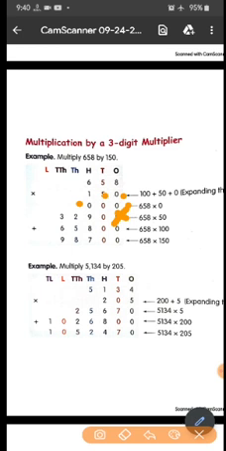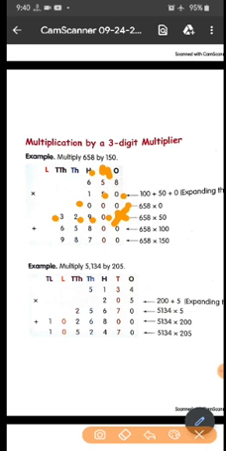Now 5 8s are 40, 0 and 4 carry, 5 5s are 25, 4 more is 29. So 9 here and 2 here. Now 5 6s are 30. 30 plus 2 gives us 32 written.